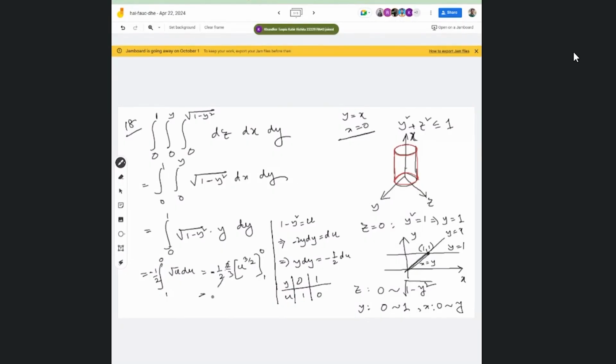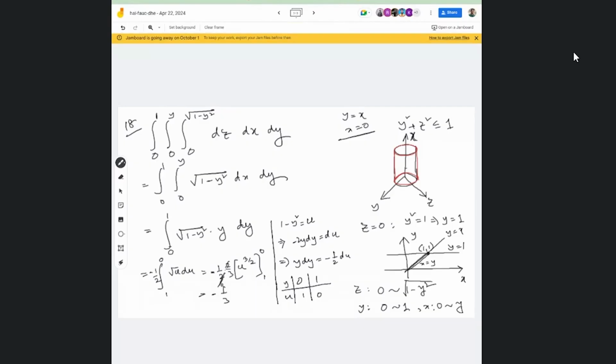The two cancel out, minus 1/3, 0 minus 1. The result comes up with 1/3. Okay. If you have any confusion, you can ask me here.